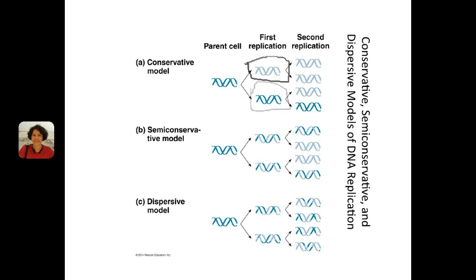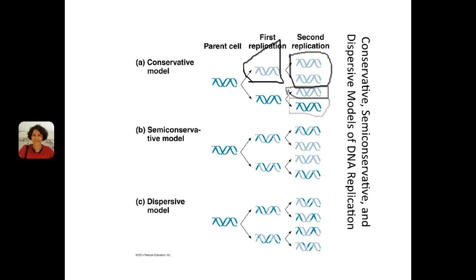In the second replication, each of these two from the first replication replicate. So now you've got the original molecule that gets passed on intact, the one that was made from it, and the two that were made from the first new molecule.